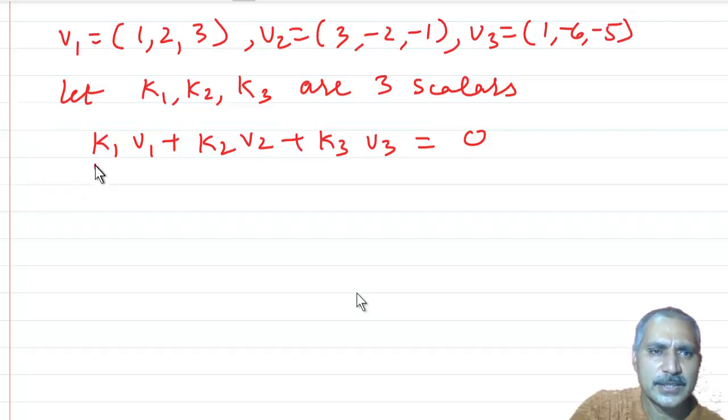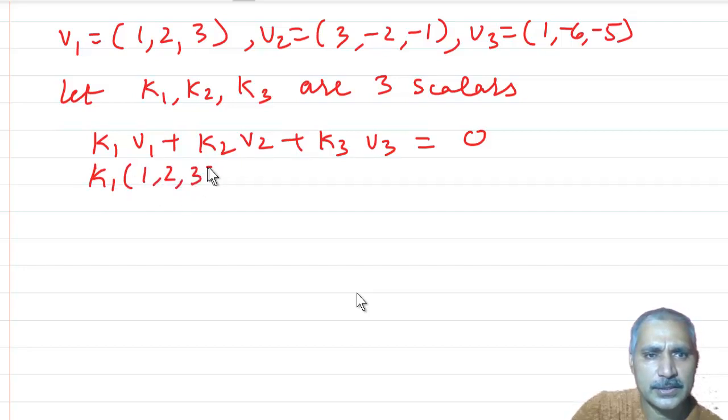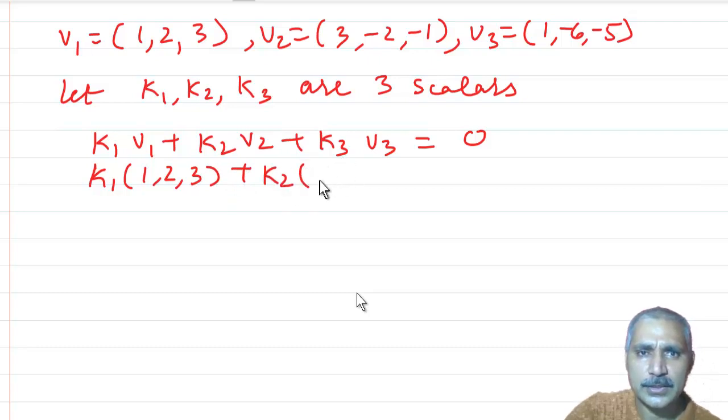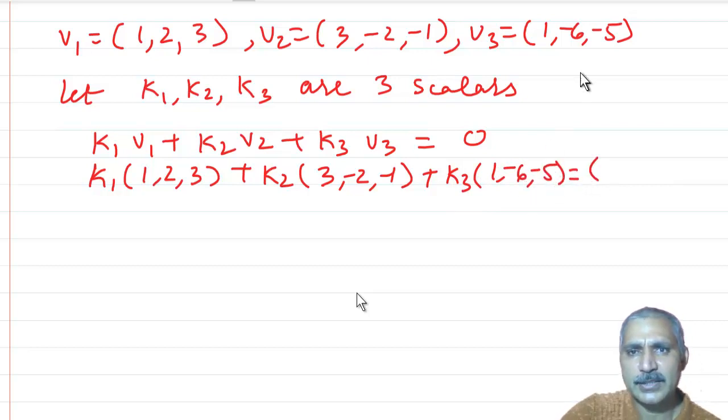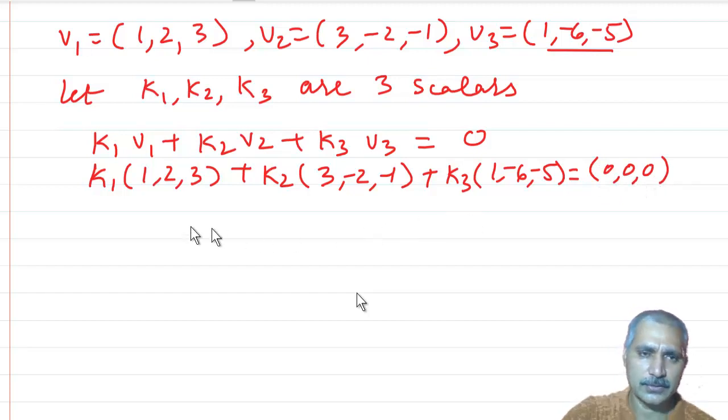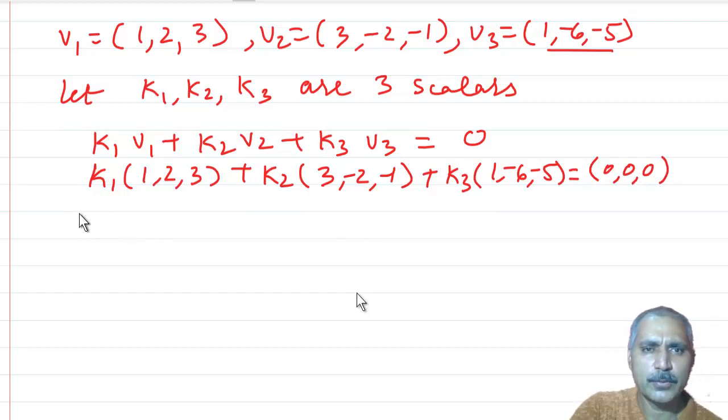Now see, k1 times v1 that is 1, 2 and 3, plus k2 into the second vector that is 3, -2 and -1, plus k3 into the third vector that is 1, -6 and -5. We will compare that with the null vector. Since these vectors have three components, we will be taking our 0 vector as 0, 0 and 0. Now we will be opening this bracket and simplifying this one.